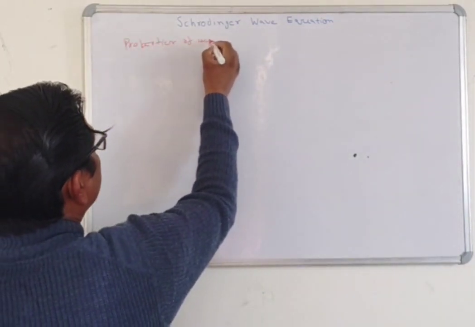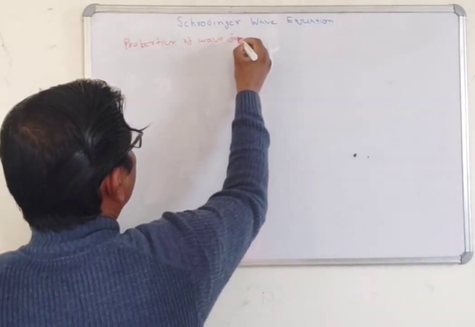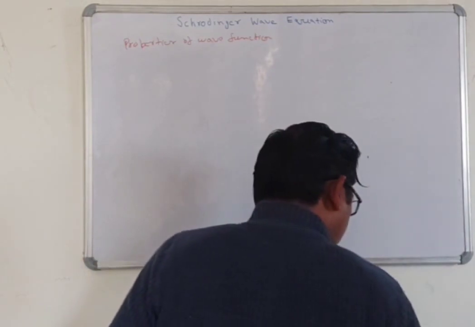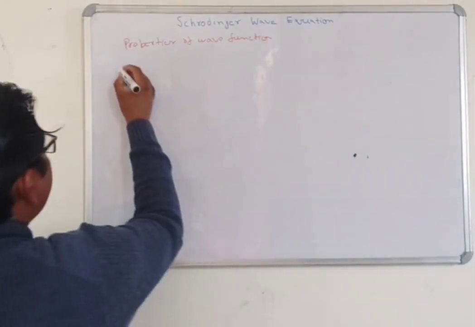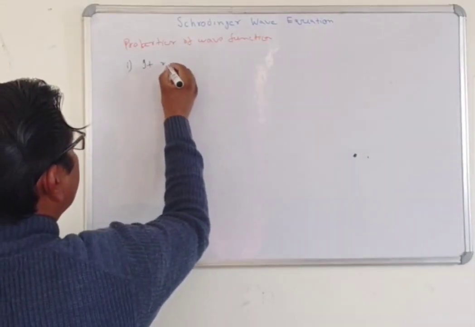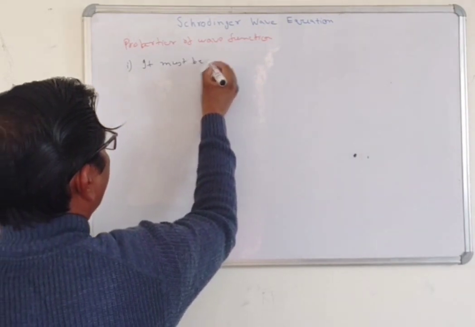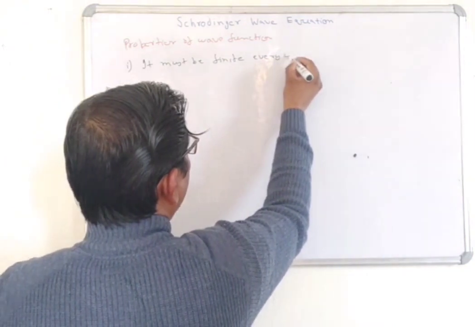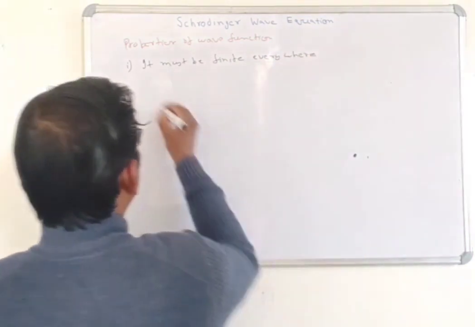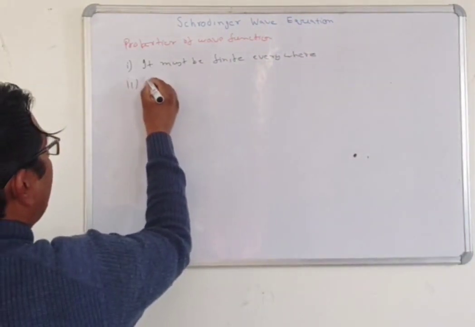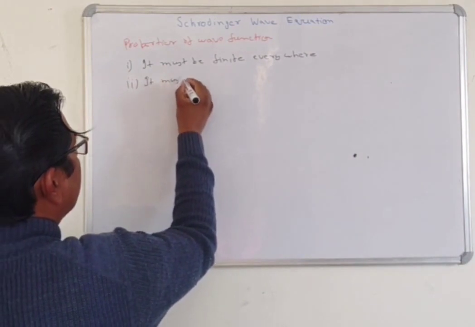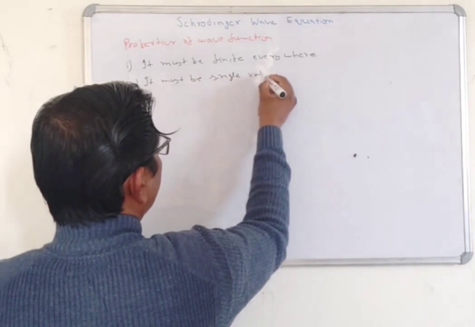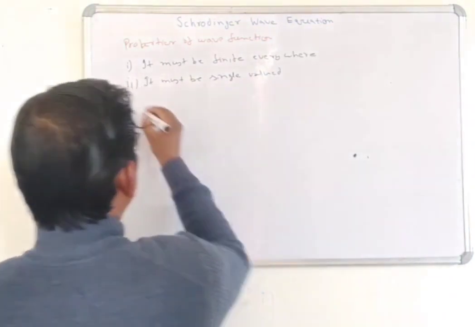Now, what are the properties of the wave function in quantum mechanics? First property: it must be finite everywhere. Second, it must be single valued.